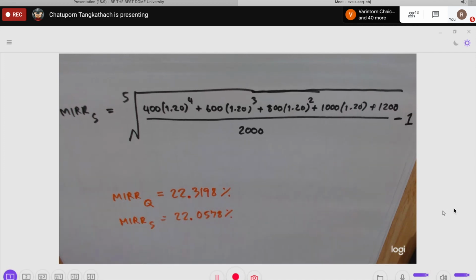Can you get these two answers? Any question for calculating MIRR here?